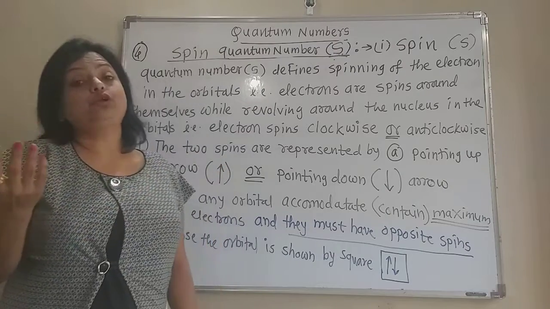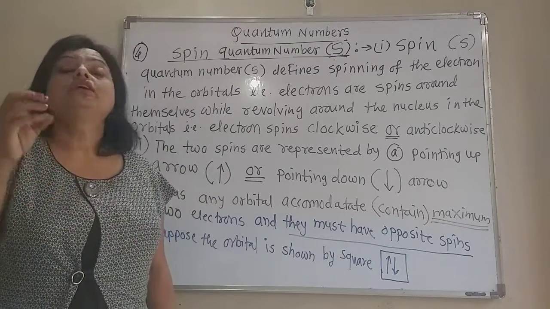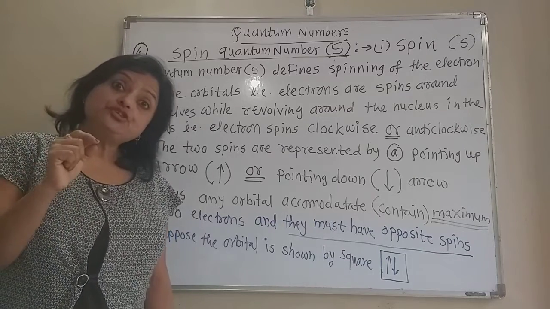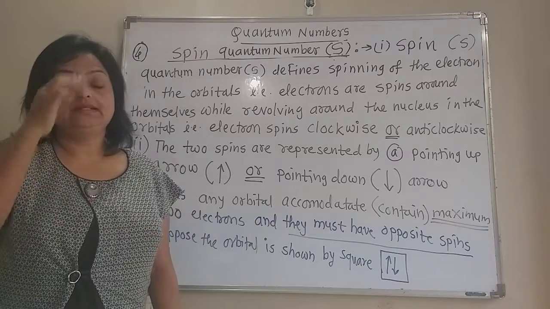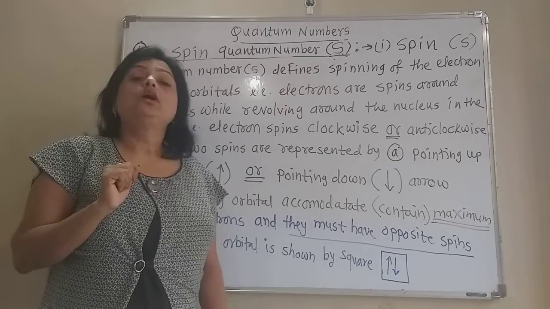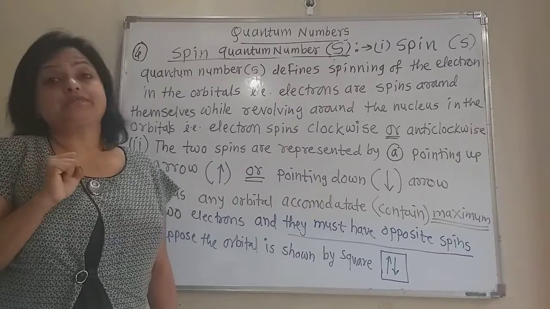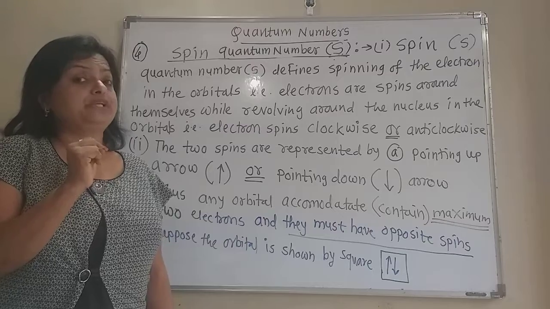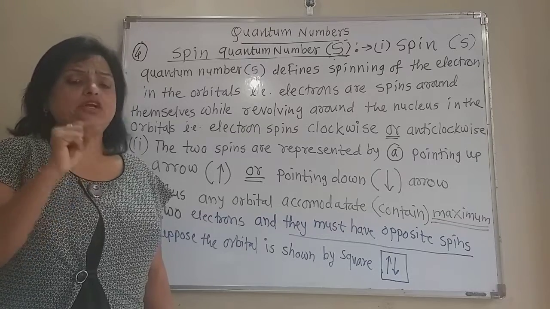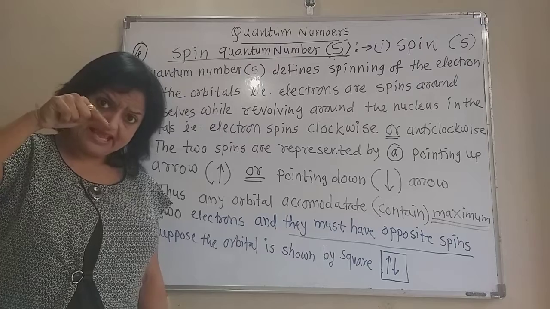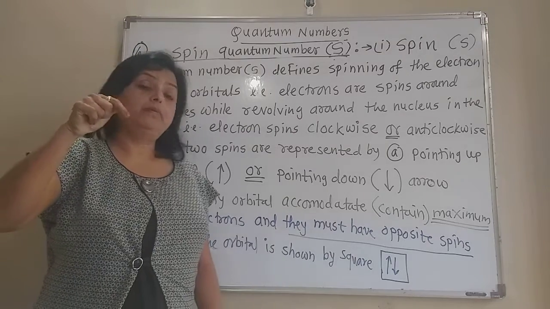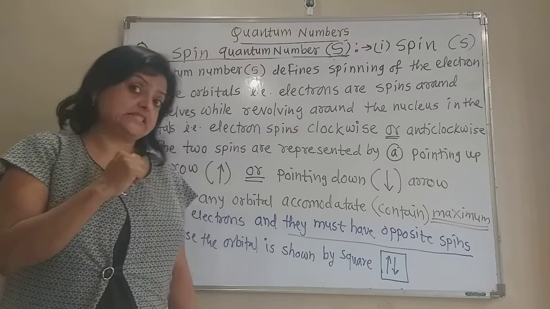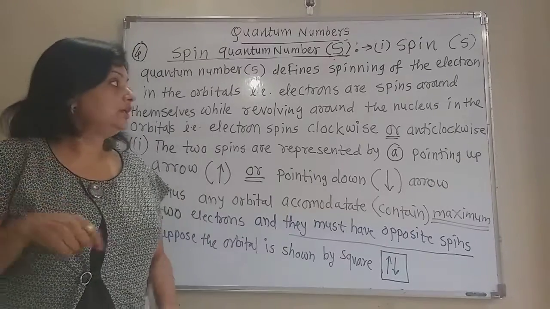The electrons themselves spin around themselves. That spinning is of two types: one is clockwise spinning and another is anti-clockwise spinning. Electrons only spin. They do not revolve around themselves like the earth, but they only spin clockwise or anti-clockwise while revolving around the nucleus.